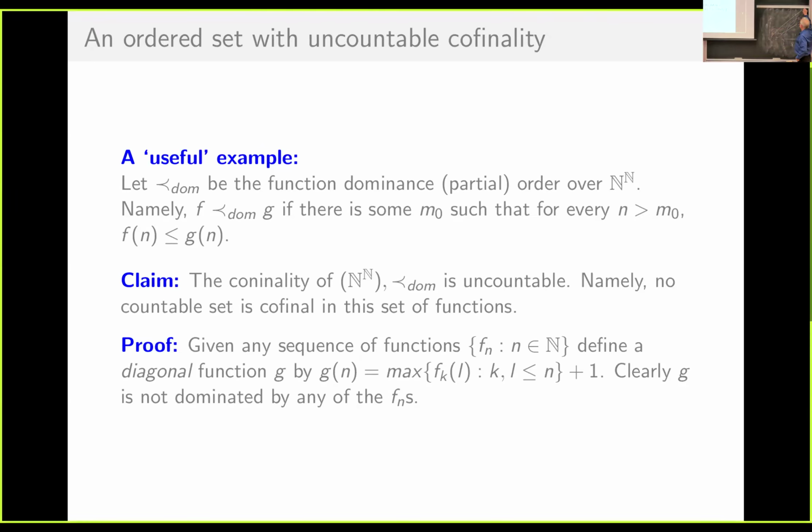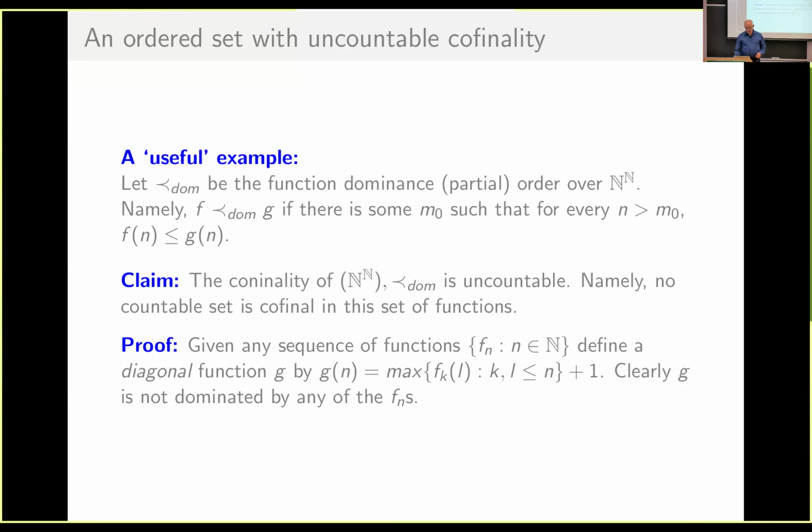So my g will be above all of them in eventual dominance. So no countable subset of this collection of functions is cofinal. So we have a set of uncountable cofinality. Okay, so the cofinality is not trivial. I think we can have sets of uncountable cofinality.